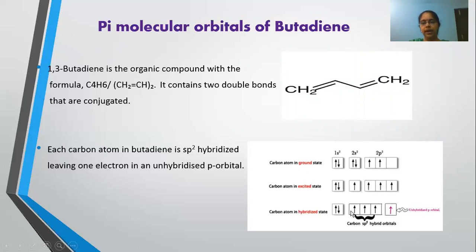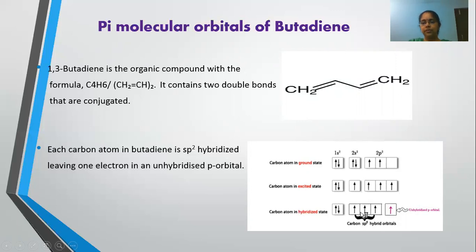So one s orbital in the second shell and two p orbitals overlap and undergo sp2 hybridization and produce 3 sp2 hybrid orbitals. So these are the 3 sp2 hybrid orbitals with 1 electron each.